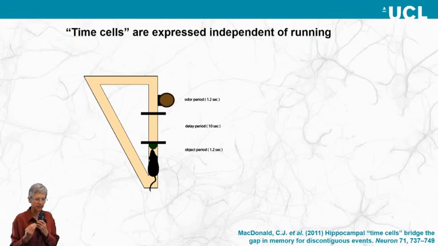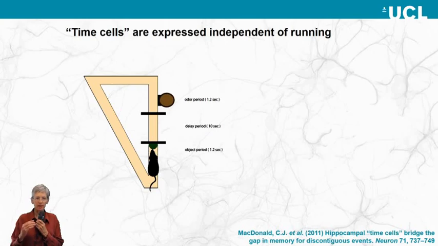It would be presented with an object in front of a barrier, and it had to learn the association of that object with an odour. So the rat had learned a set of object-odour pairs. Then the barrier was removed and the rat ran into an enclosed space. The barrier was then restored behind the rat. So now it's confined in a space on the track for some period of time, typically 10 seconds.